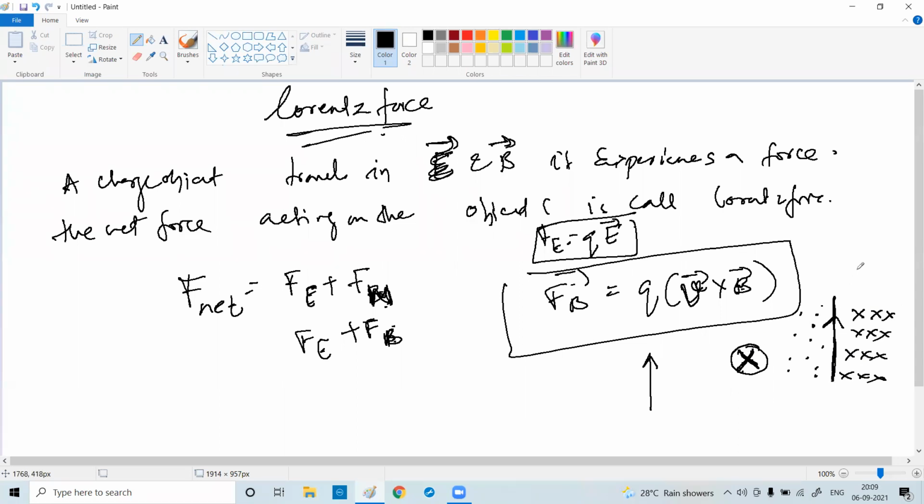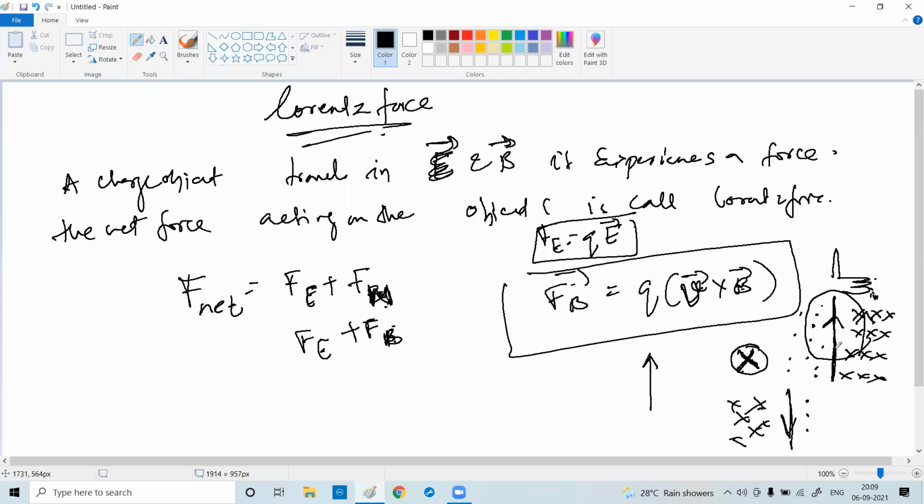How? Apply the screw rule, the right hand thumb rule. Put your thumb this side and curl your fingers. When you curl your fingers, they will hit the plane, the paper. That means the magnetic field is going inside and coming outside like this. I taught you in last class. And if it is downward direction, then your magnetic field will be opposite. You will get dot here and cross here. All this is already taught.